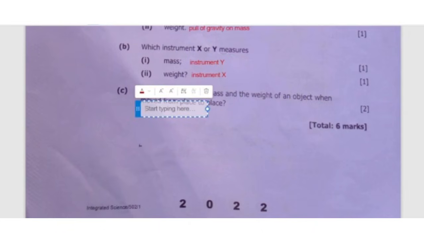Okay, so here what we can say is mass will remain the same.